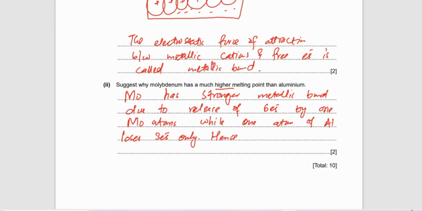Hence the melting point of molybdenum is higher than the melting point of aluminium.